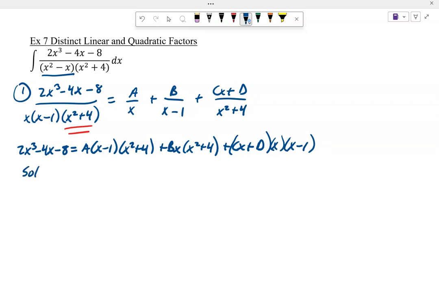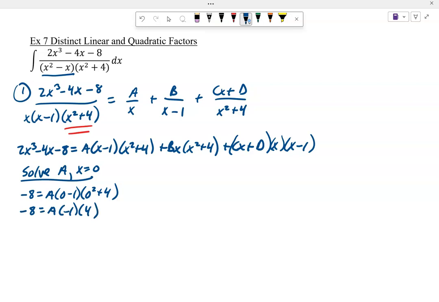And let's go ahead, I can solve for A by letting x be 0. And so I'd have 2 times 0 cubed minus 4 times 0 minus 8, so I'd have negative 8. So negative 8 equals A times negative 4. So A ends up being 2.